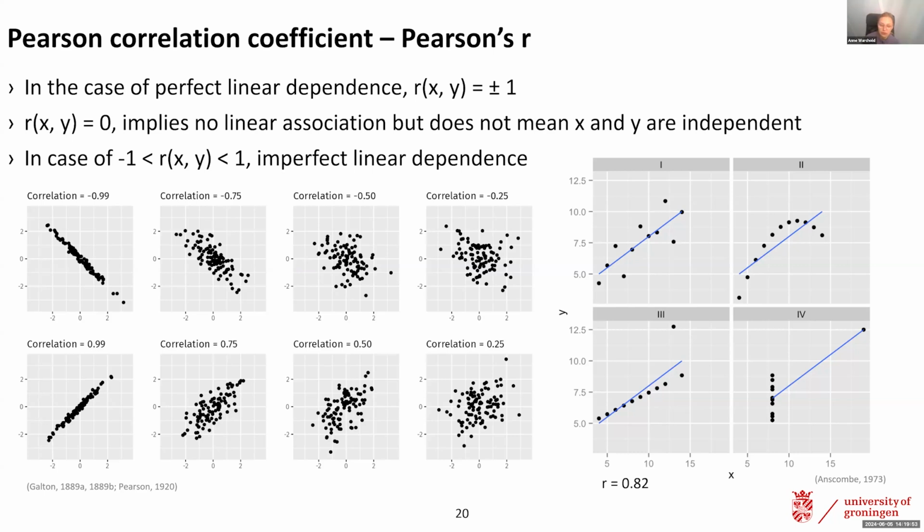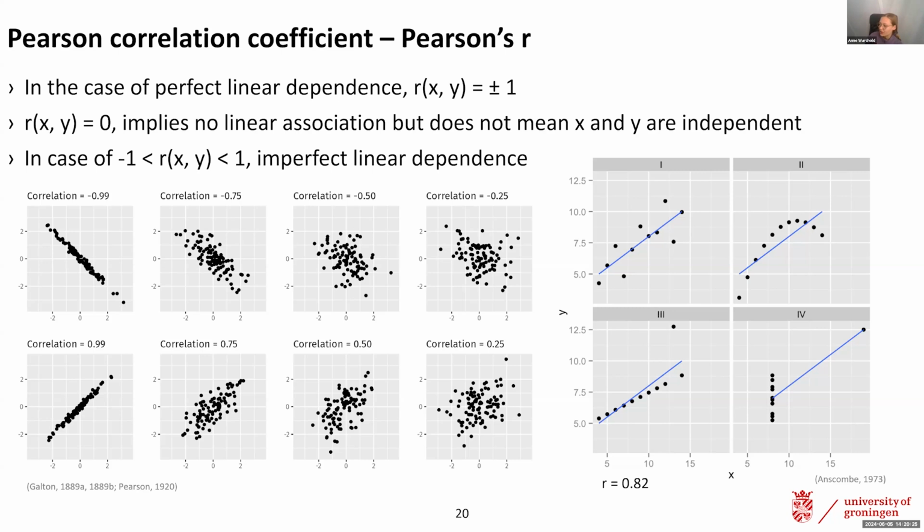If you have something close to -1, you have a perfect negative linear dependency. If the correlation coefficient is close to 0, it implies that there's no linear association, but it doesn't mean that X and Y are not related. It just means that Pearson is not able to detect anything. And you see the different results, how correlation graphs look based on the coefficient we have.